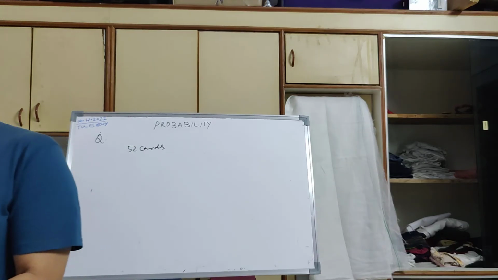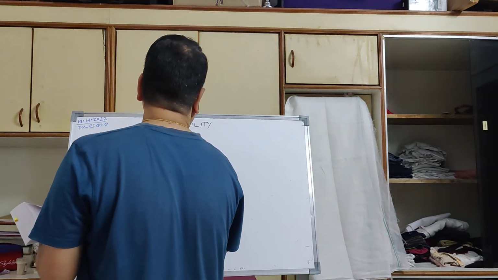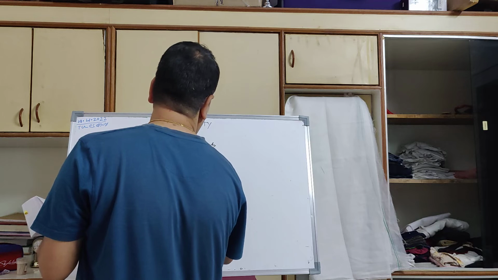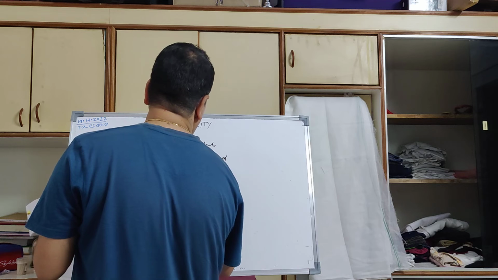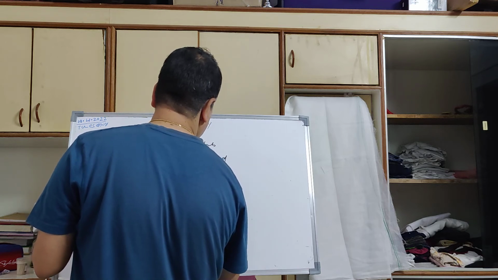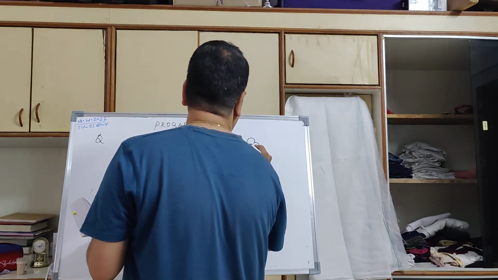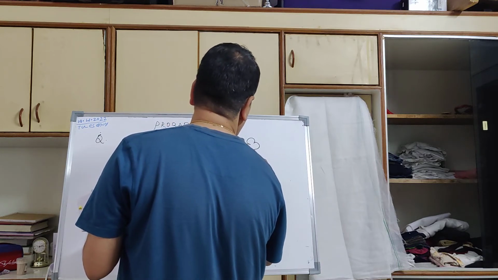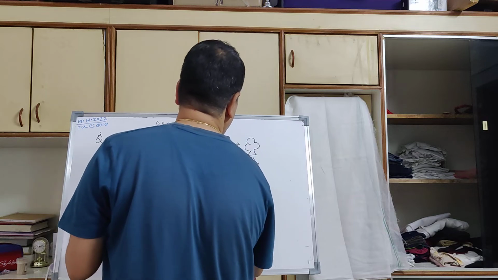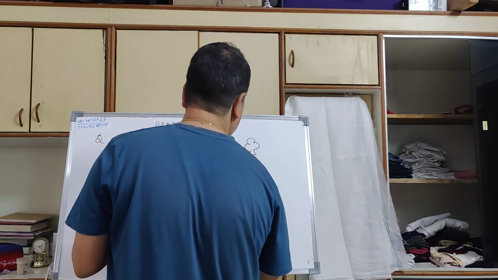You have the clubs, which are black, you have the diamond, you have the heart, and you have the spade.